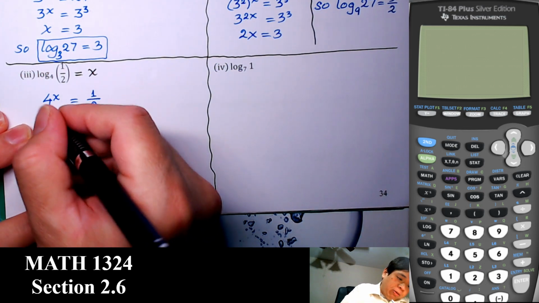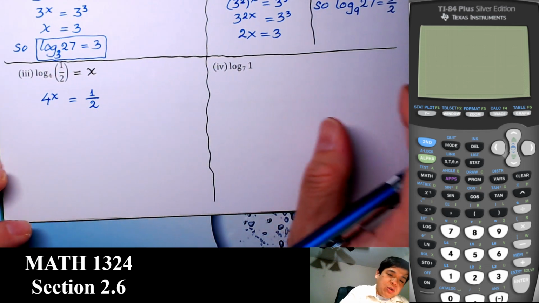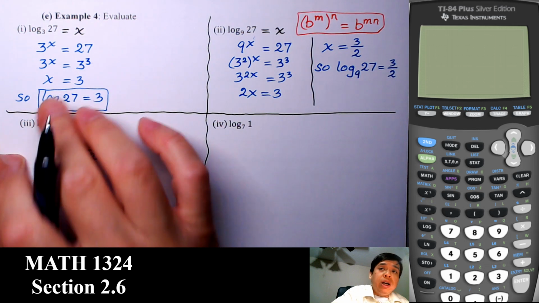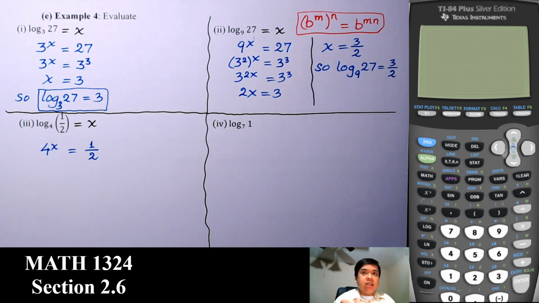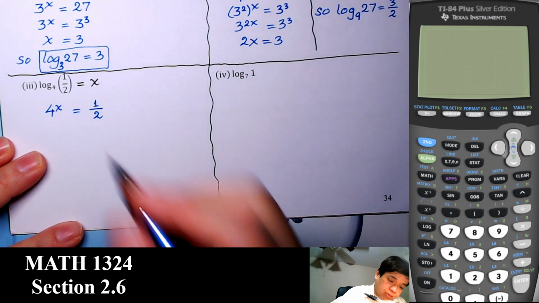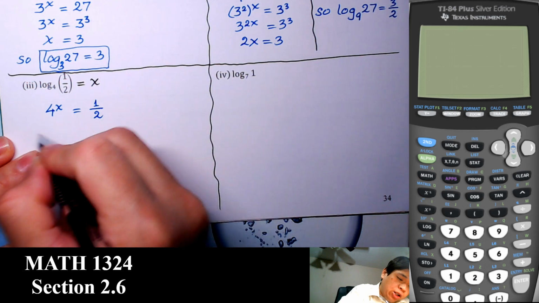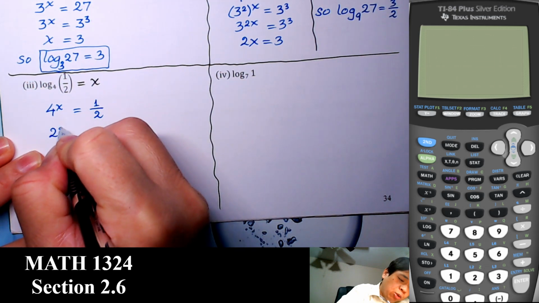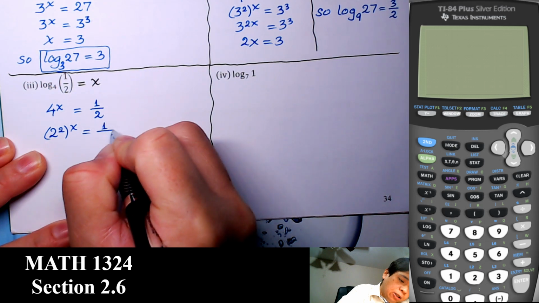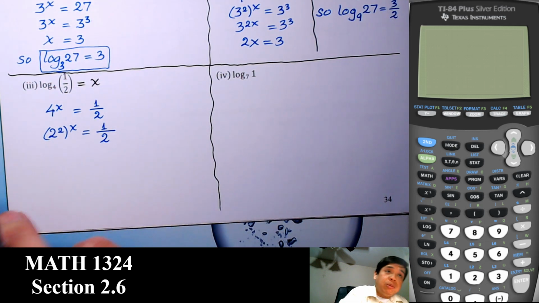Now what we're trying to do is just like on this problem, or this problem: when we have two things where the bases are equal, the exponents will be equal, so we'll try to get them to the same base. 4 and 2, so that's 2 squared. Right, that's good.